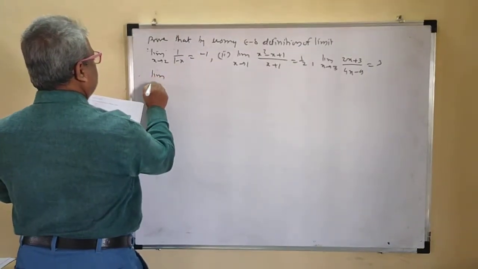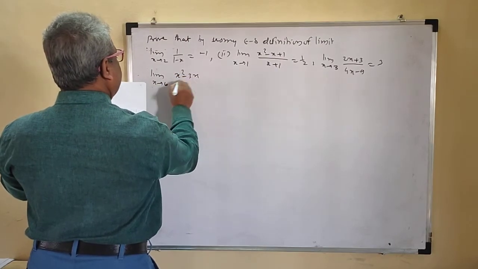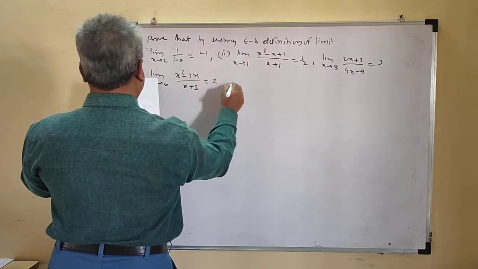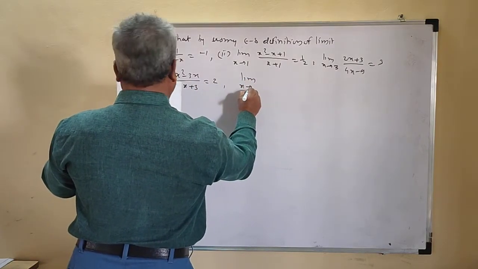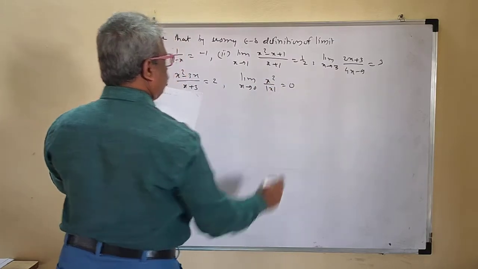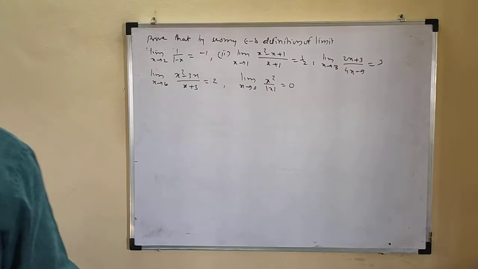Limit x tends to 6, x square minus 3x upon x plus 3 is equal to 2, and limit x tends to 0, x square upon mod x is equal to 0. Okay, so we'll take these problems.